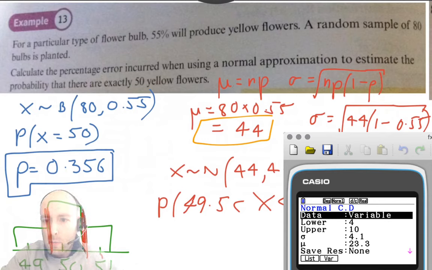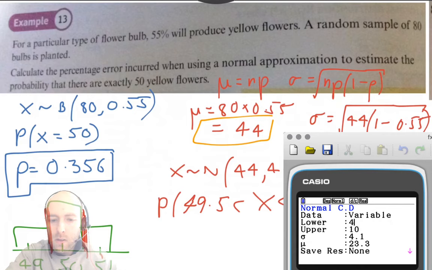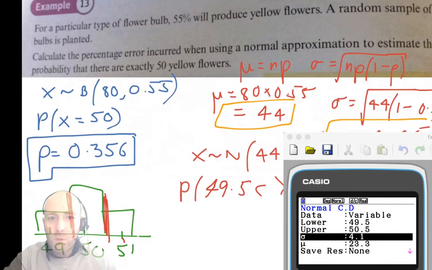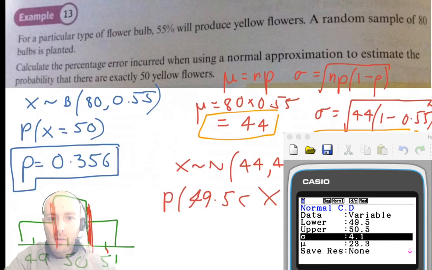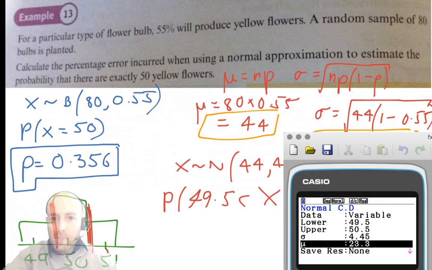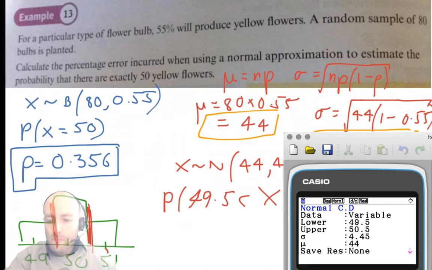The lower is going to be 49.5, upper 50.5. Sigma was 4.45, and mu was 44. Cool.